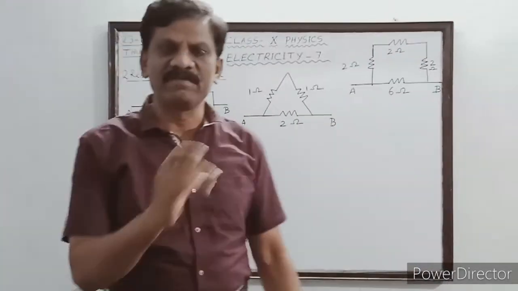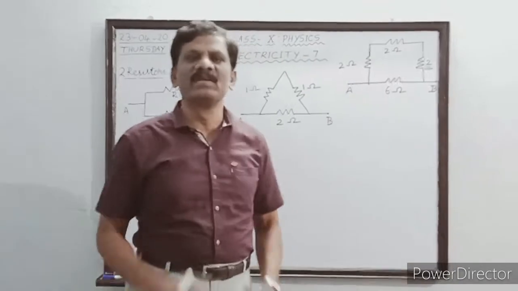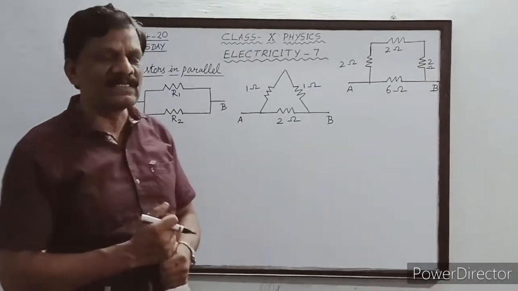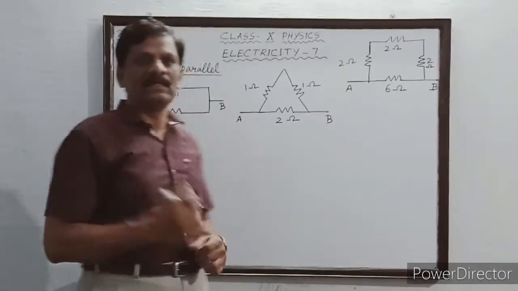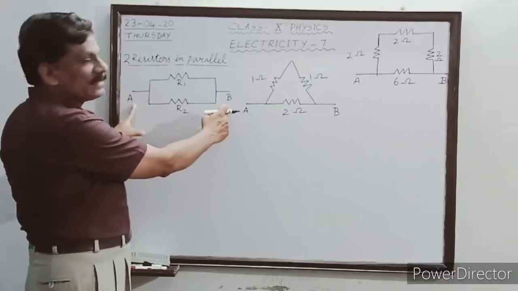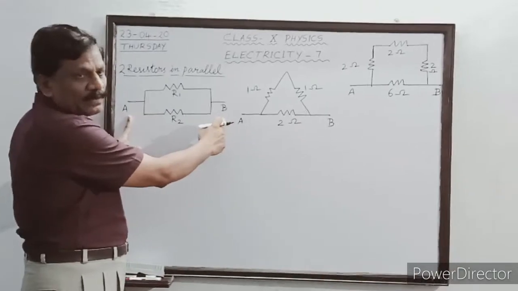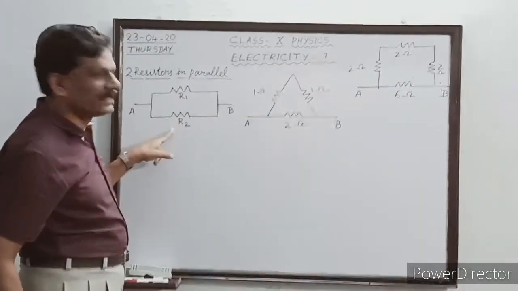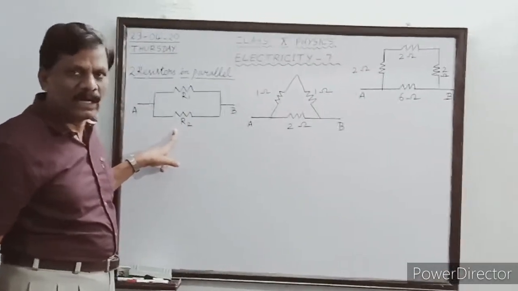Now there is a shortcut formula to find the effective resistance when two resistors are connected in parallel. Now we can look at the circuit. I want to determine the resistance between A and B. So the two resistors connected in parallel are R1 and R2.